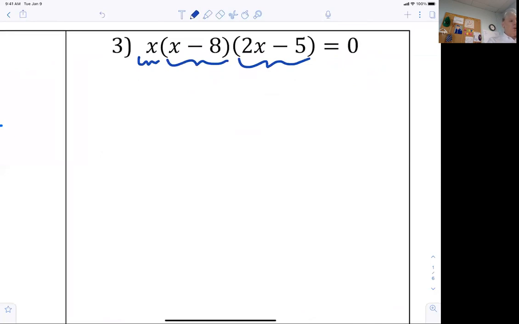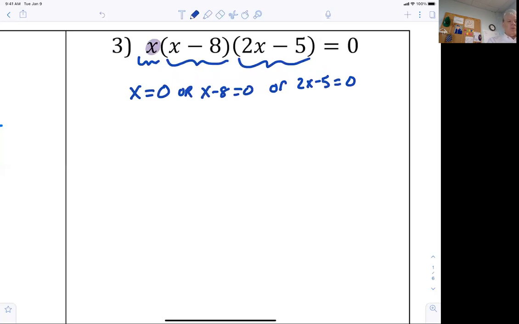So it equals 0 when the first variable, which is x, you just come down and write x equals 0. Then technically you're supposed to write or x minus 8 equals 0, or 2x minus 5 equals 0. That's the situation.